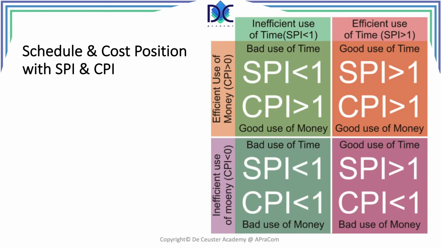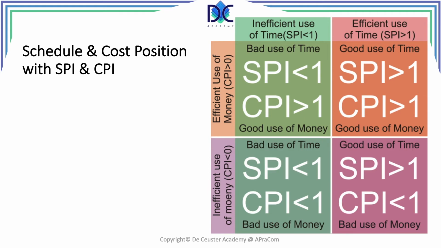Like I said, at the end of this session, we will have a look at the project schedule and cost position using SPI and CPI. The top shows CPI larger than 1. The horizontal white line is CPI equal to 1. And the bottom line gives us a CPI smaller than 1.